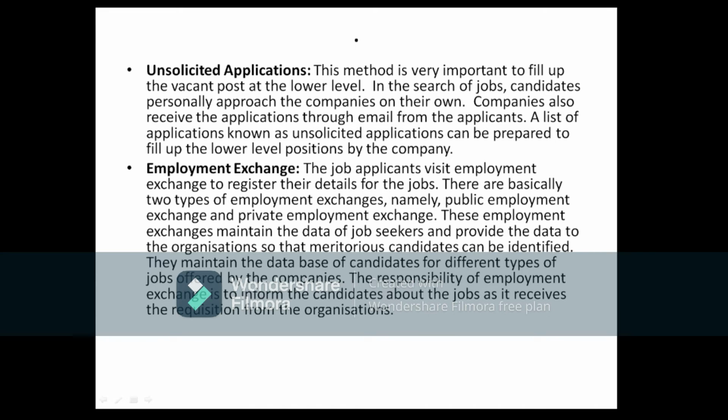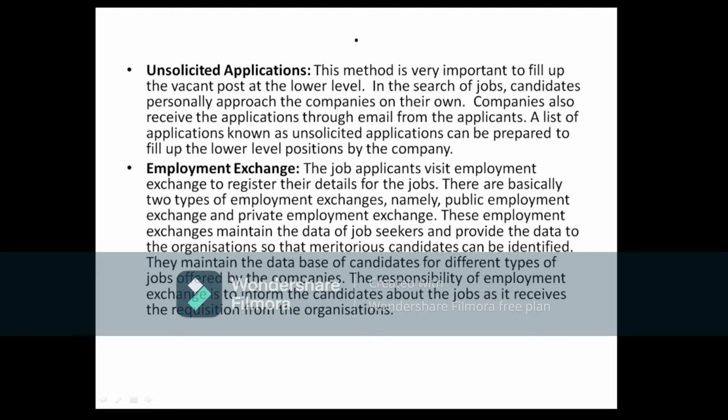As they get the notification from the employer, they inform the candidates, or sometimes they directly send the candidate to the employer's office. So that way they supply candidates to the companies, and they also charge some fee from the company, right? And this is a very important source of supplying candidates to the company. With the help of the employment exchanges, the company gets a pool of candidates, right?